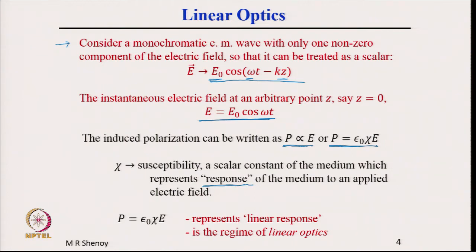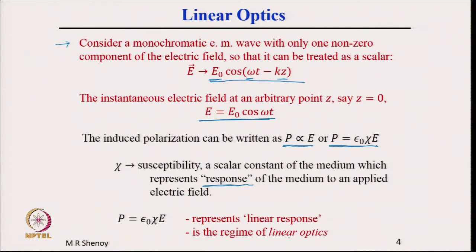We will quantify what is meant by this response. Therefore, P is equal to epsilon 0 chi into E. This represents a linear response, because P is directly proportional to E. So, it is a linear relation, therefore, it represents a linear response, which is the regime of linear optics.